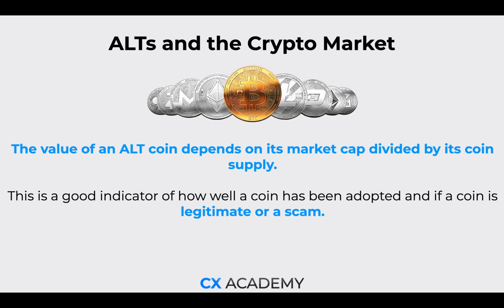So as long as we understand that the price of these cryptocurrencies completely depends on the coin supply and the market cap, you'll be okay in deciding what is a good value coin and what is not.